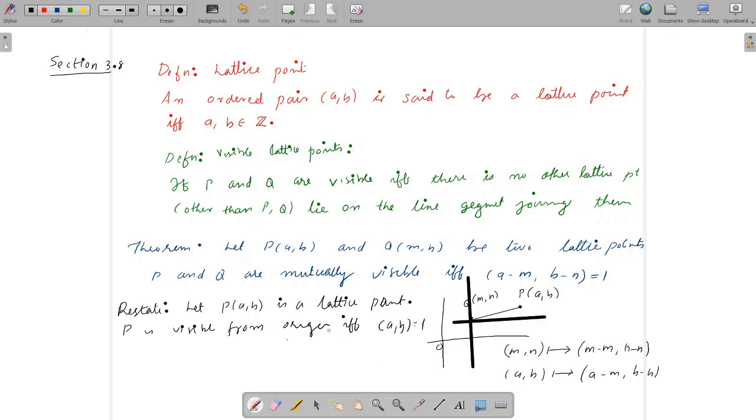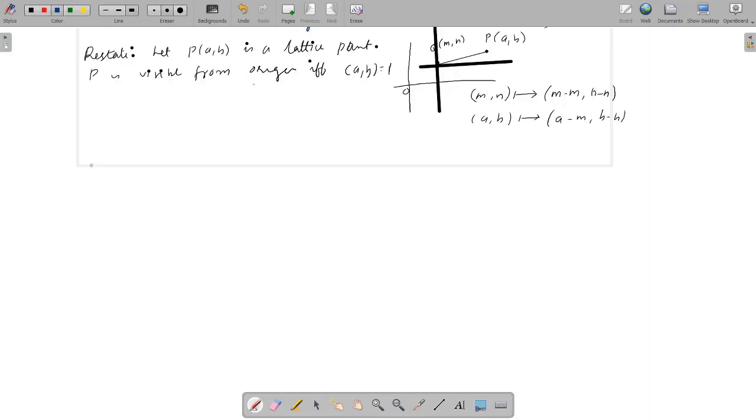Once you prove this theorem, you can say that (a, b) and (m, n) are mutually visible if and only if GCD of a minus m, b minus n is 1, obtained by shifting the origin to this (m, n). Clear? So we first prove this theorem. As a consequence, you will get this one.